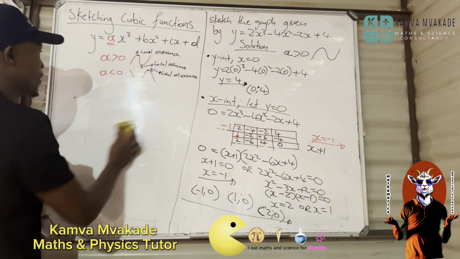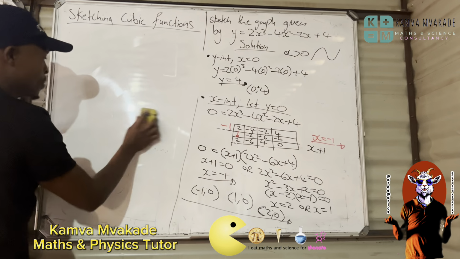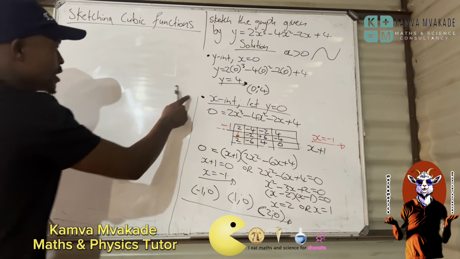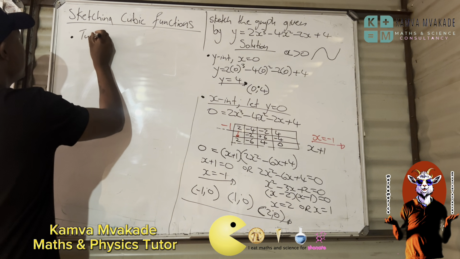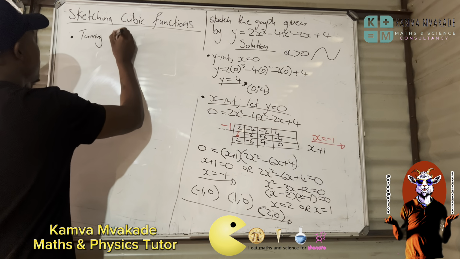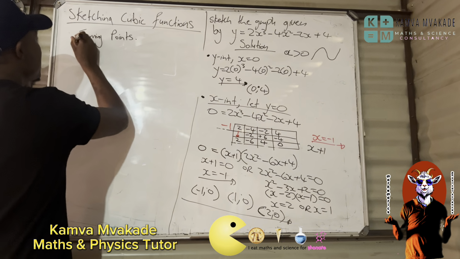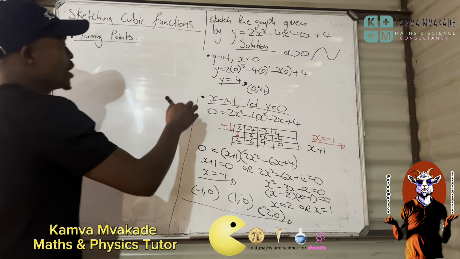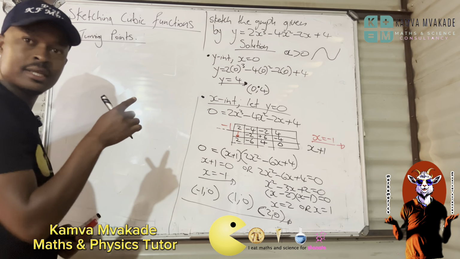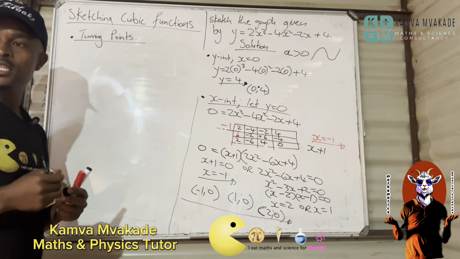So, I have finished with the x-intercepts. Now the next point is the turning points. What do we know about the turning point? The gradient there is 0.